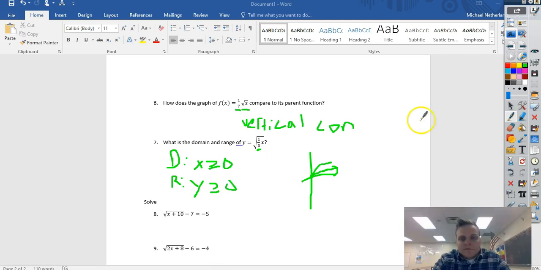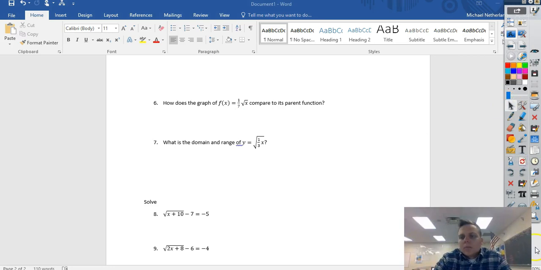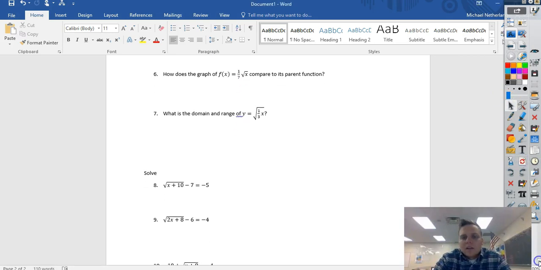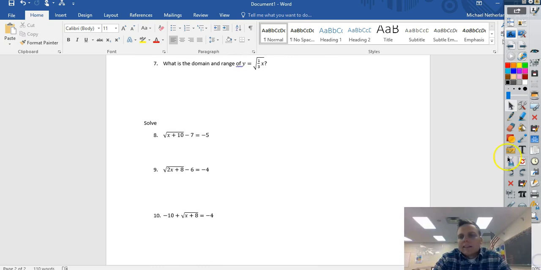Alright? Number 8 says square root of x plus 10 minus 7 is equal to negative 5. To solve this, you got to get the square root by itself first. So the very first thing we're going to do is add 7 to both sides. So we get the square root of x plus 10 is equal to, well, negative 5 plus 7 is 2.